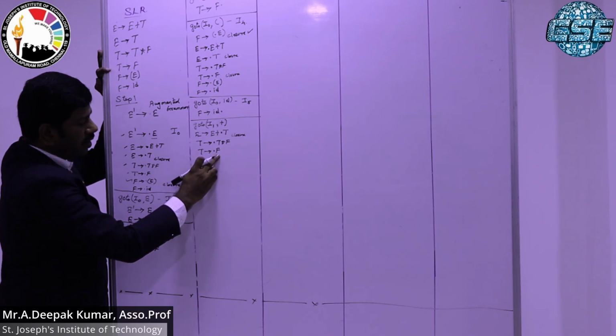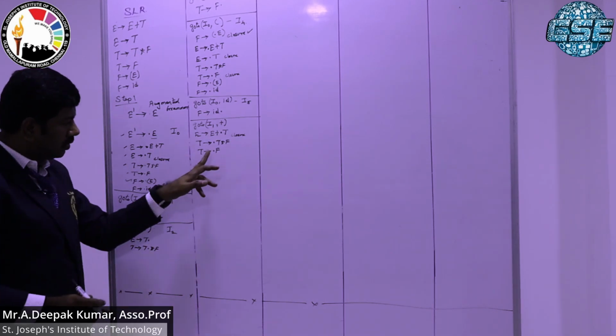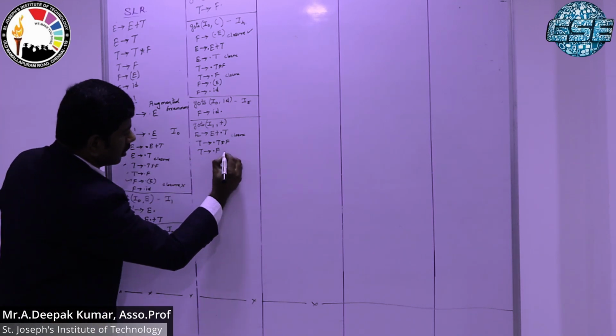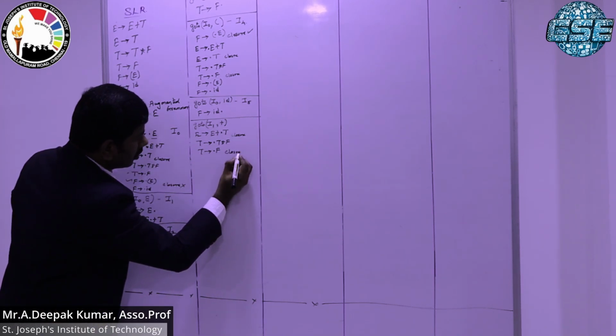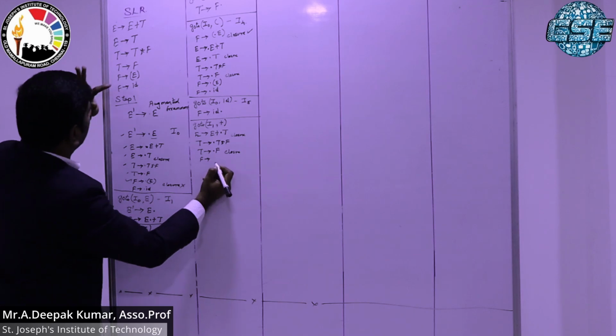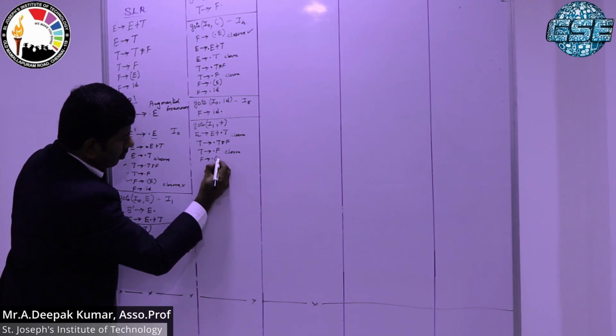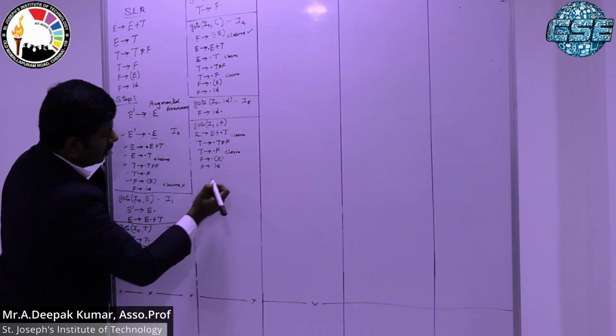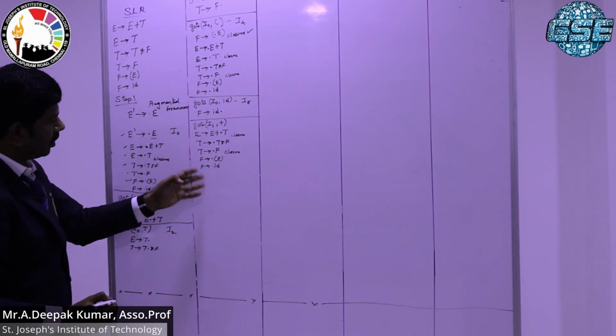After dot I have a non-terminal F, so again we have a closure here, which has to be taken care of. So I will include the rule F derives dot open braces E close braces, then F derives dot ID. So I have just extracted these from here.